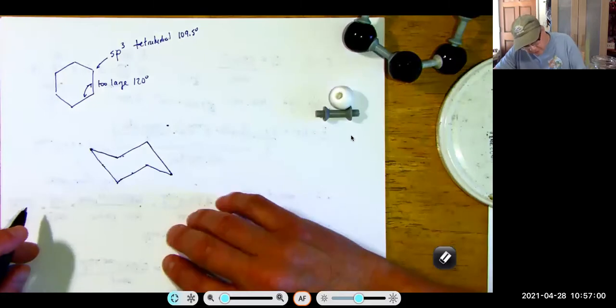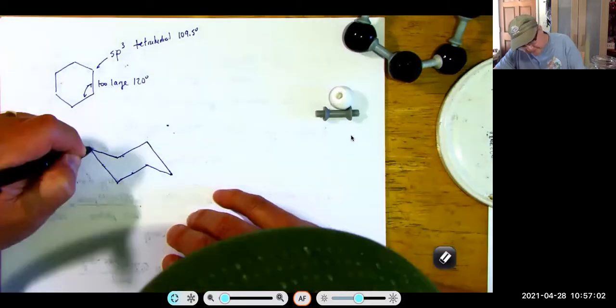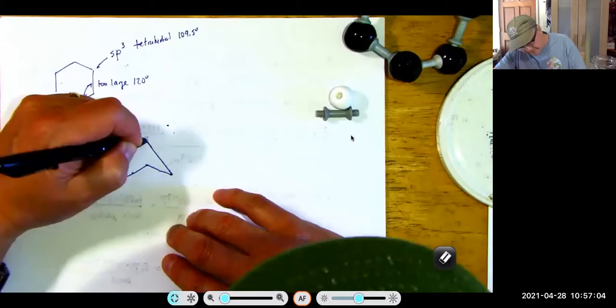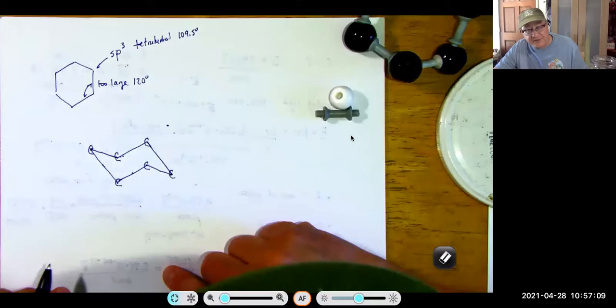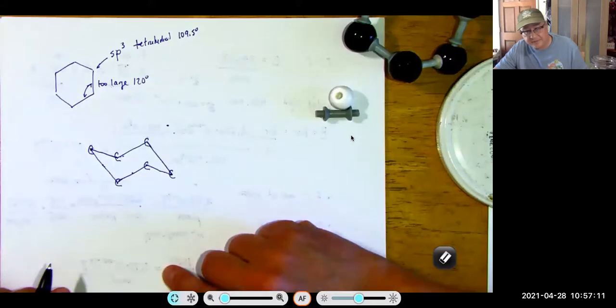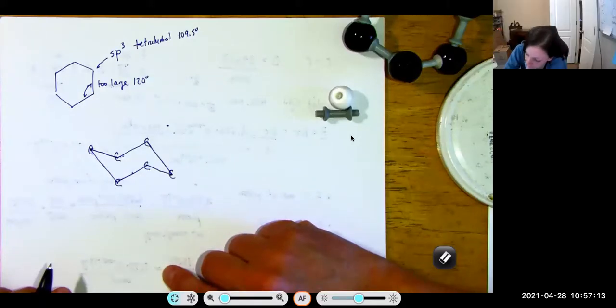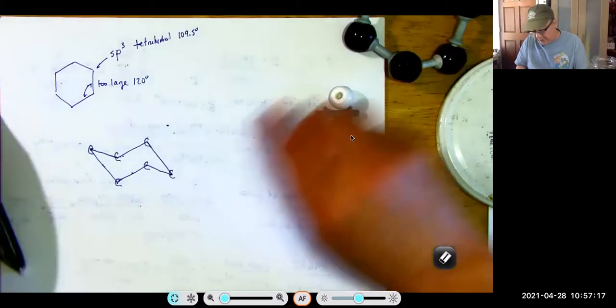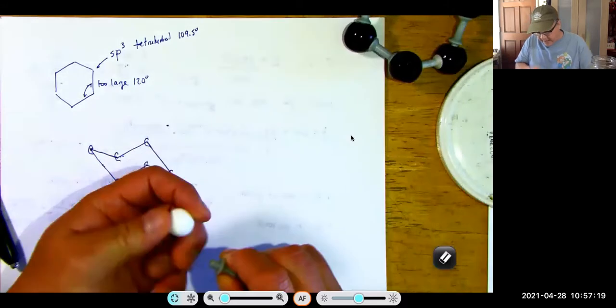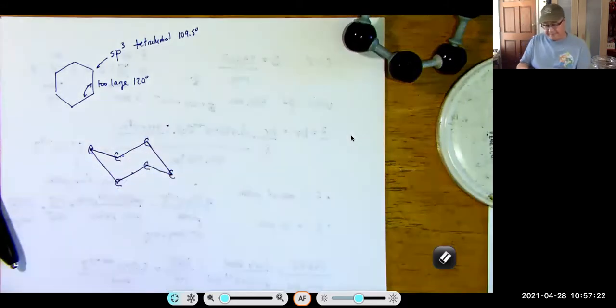Now, if we wish, we can put carbons in. Are you good with all the carbons? Okay. Now we want to put in the axial and equatorial positions. So I'm going to show you an axial position.